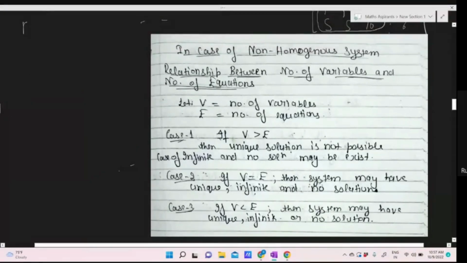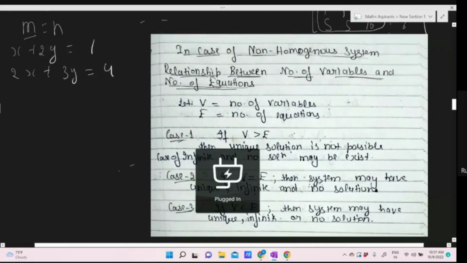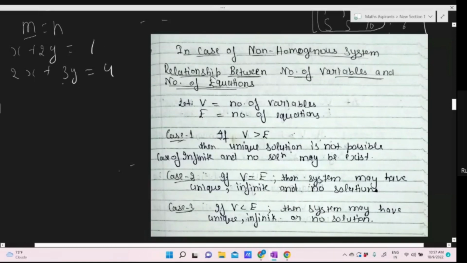Here, let us take M equal to N, that is, the number of equations is equal to the number of variables. For a unique solution, let us take the system x plus 2y is equal to 1, 2x plus 3y is equal to 4. You can easily see that rank of A is equal to rank of the augmented matrix, which is equal to the number of variables. Therefore, this is the case of a unique solution.